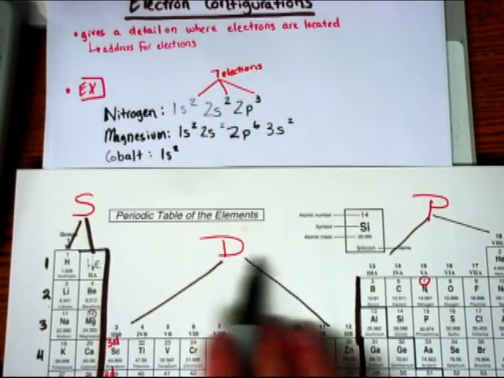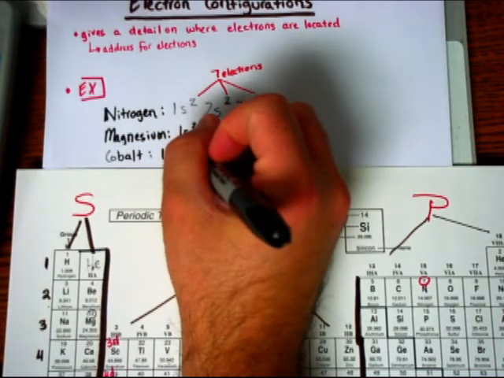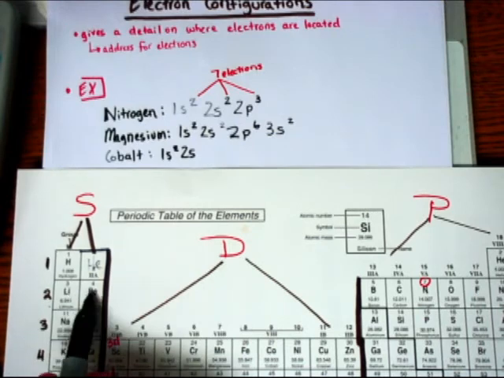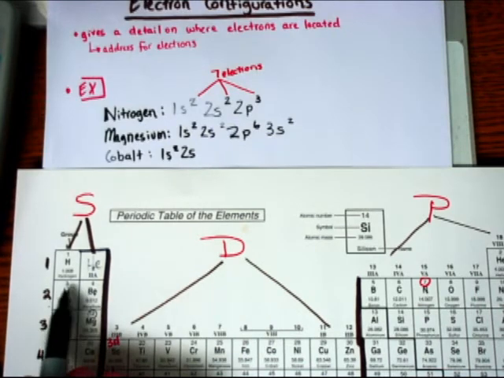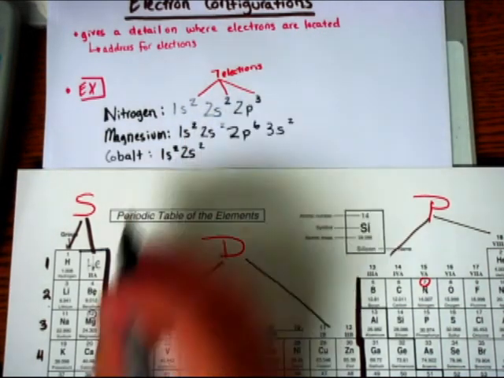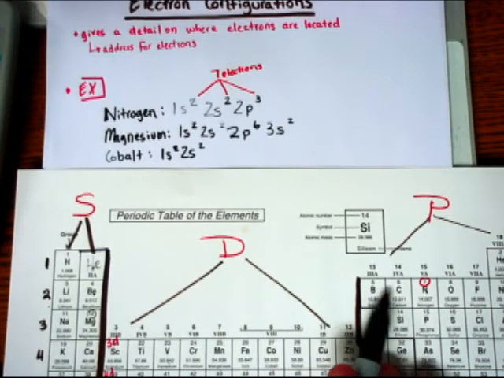What's after 1s? 2s. How many do I need there? Just those 2, right? What comes after 2s? How many do I need from 2p?